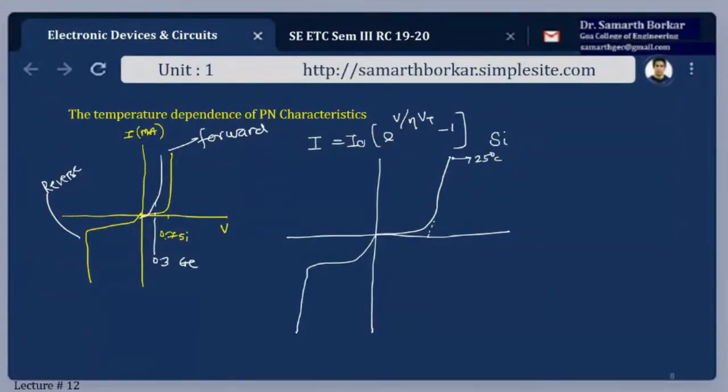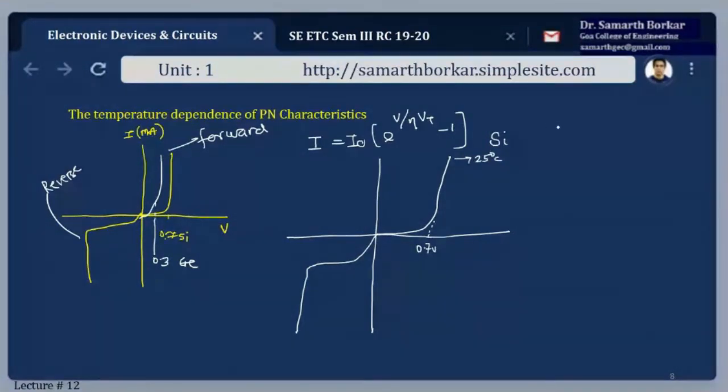If I extend this line, I'm getting this value as 0.7 volt for silicon. So in case of forward bias, the characteristics of silicon diode shifts to the left at a rate of 2.5 millivolts per degree change.